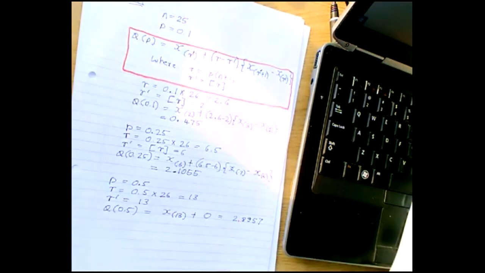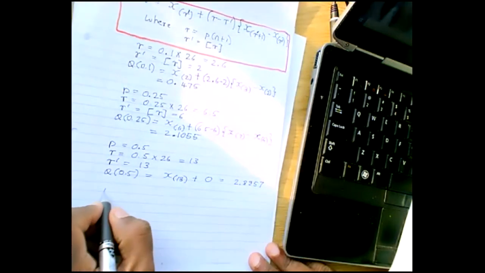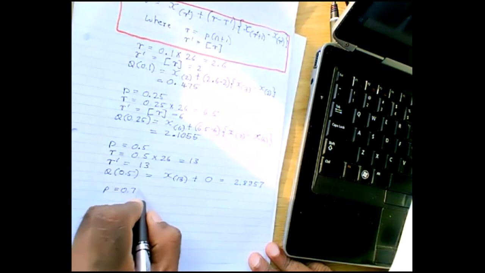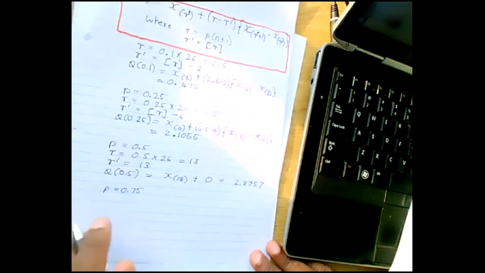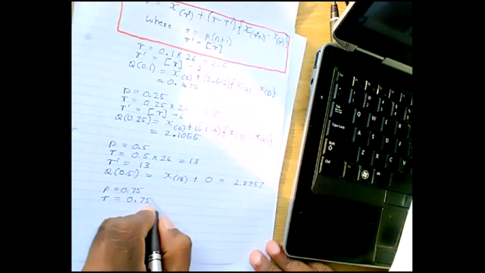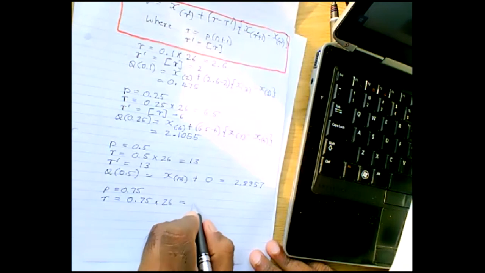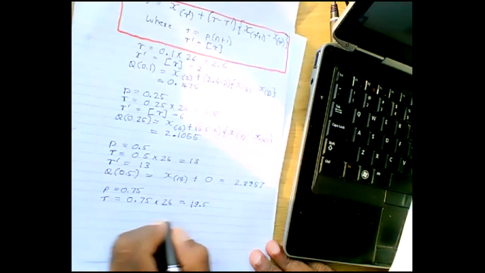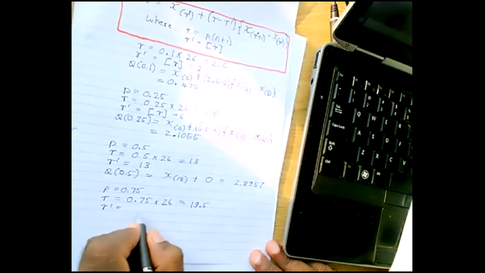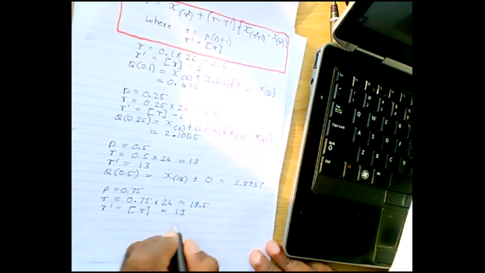All right, next we want to find p equal to 0.75, which is the third quartile. So for this, your R is going to be this, and if you work this out, this will be 19.5. Your R prime is the integer part of R, it's going to be 19.